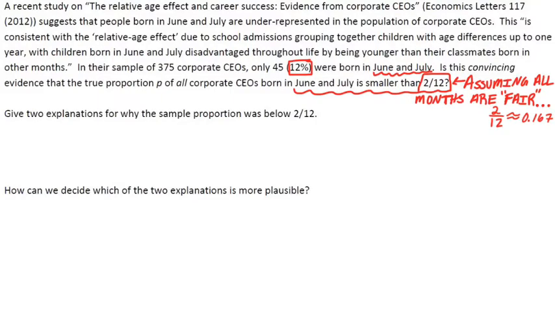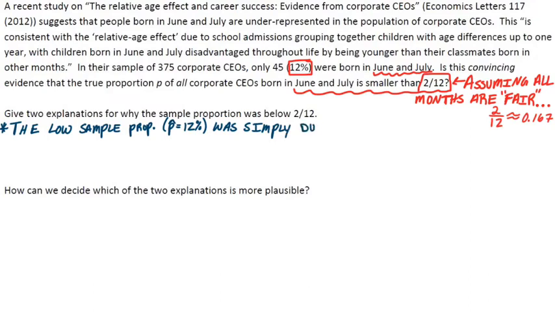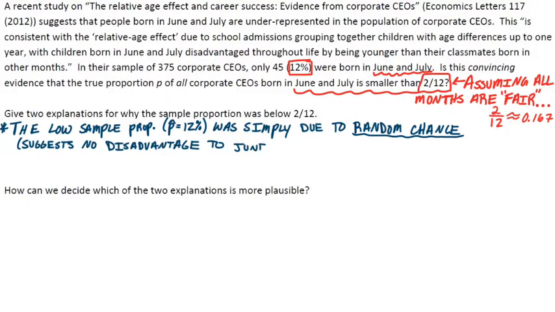Okay, so some people might say that was just due to random chance, right? The low sample proportion, the 12%, was just random chance. It's not convincing enough to say that CEOs are at a disadvantage. So that side of the argument would say there's really no disadvantage to June or July CEOs. So there's always that side of the coin that blames that difference on just chance variation.